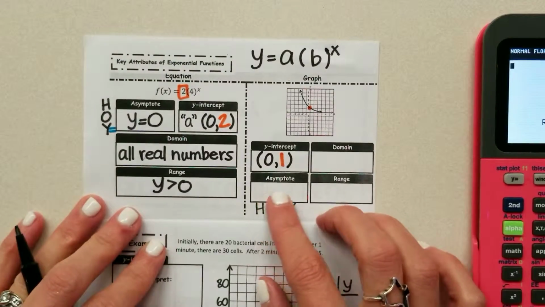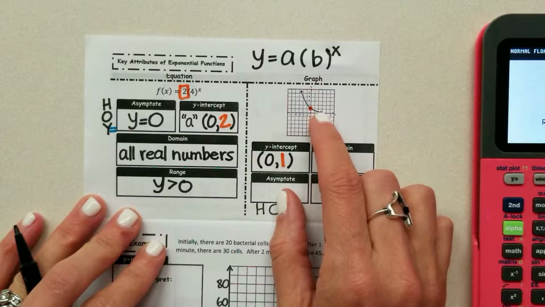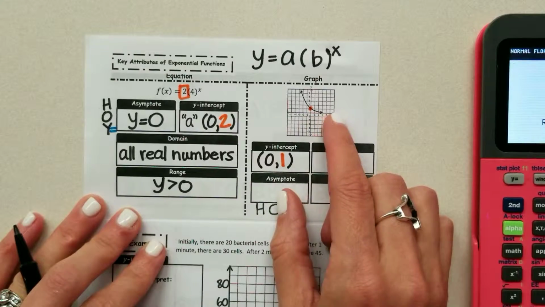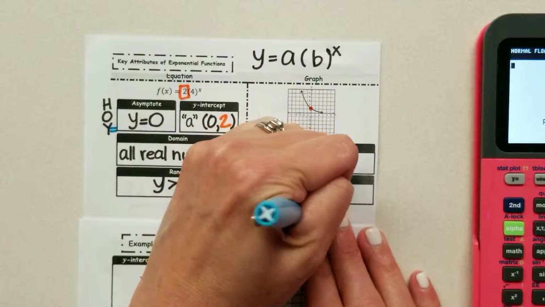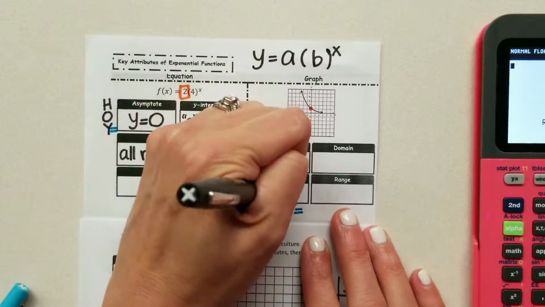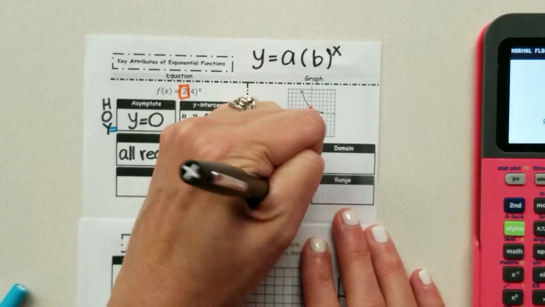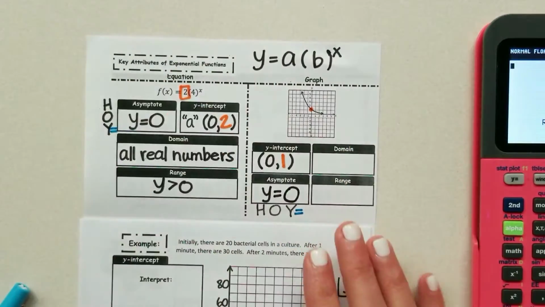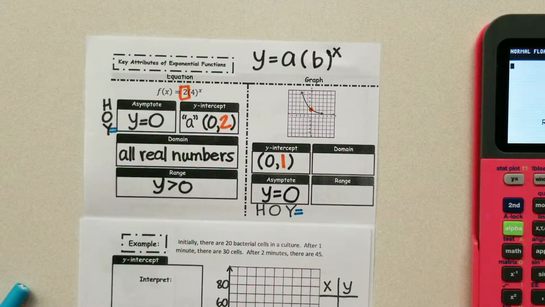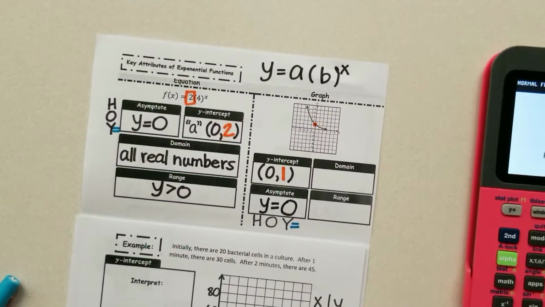If I want to find my asymptote, well, it looks like it's starting to flatten out again at the x-axis. So it's a horizontal line. So remember, that means that my equation is going to be y equals for the asymptote. And where does it look like it's flattening out to? What y value? It looks like it's going to flatten out where y is equal to 0. So it's never going to touch a y value of 0. It's just going to flatten out there.